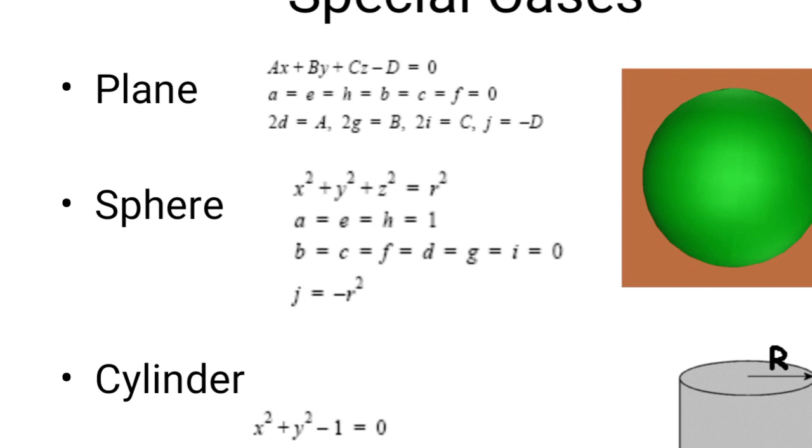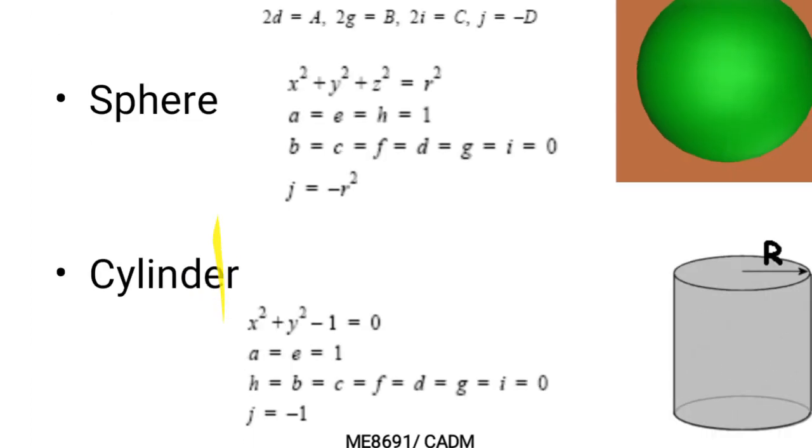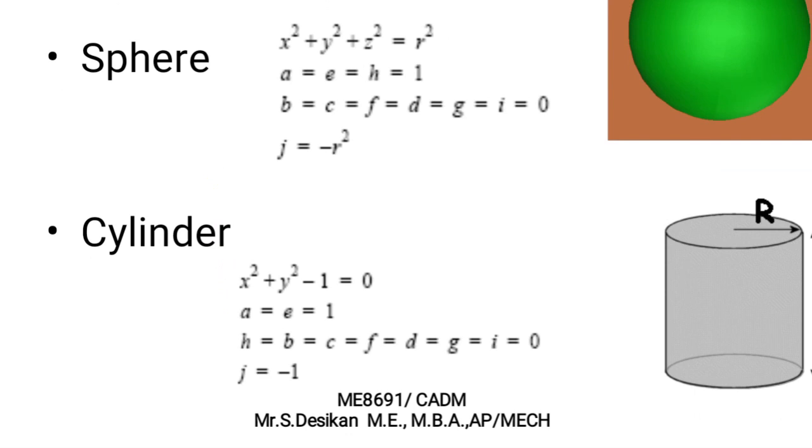Next, 2d is equal to capital D, where capital D means the diameter, so 2 into small d is capital D. The minus d is the term that is termed the Cartesian coordinate, along with minus r squared, and in a cylinder we directly put it as minus 1.